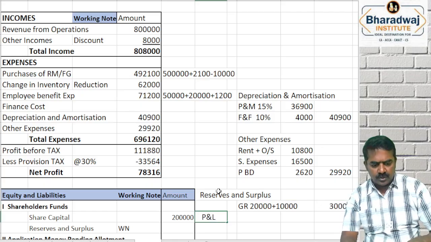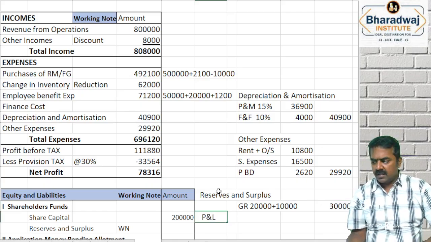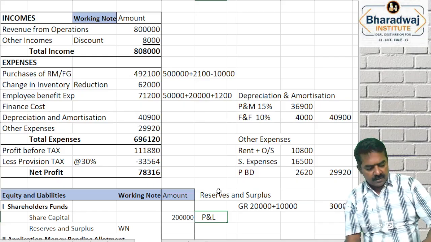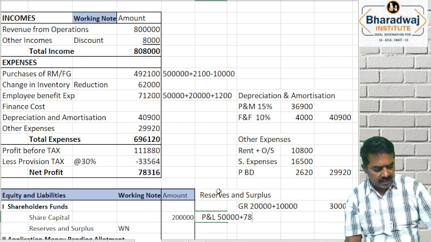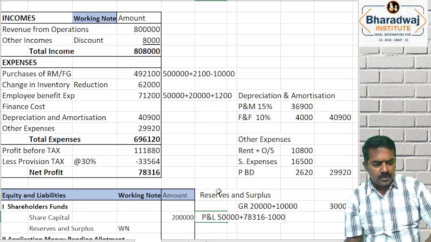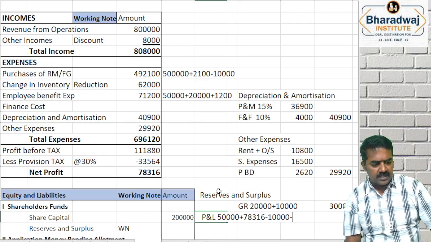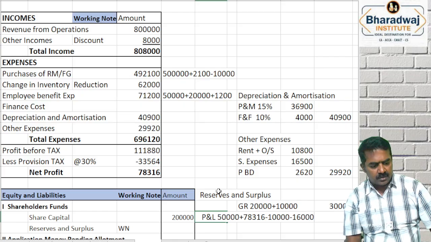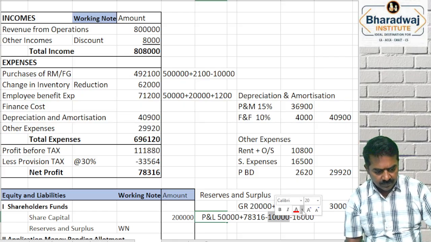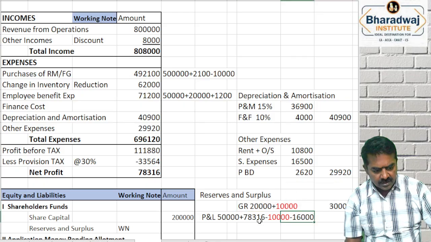Profit and loss account: how much is the opening balance given? 50,000 plus current year profit 78,316, minus the transfer to general reserve, minus interim dividend. How much interim dividend have we paid? In the trial balance they have given 16,000. This 10,000 is transferred to general reserve. We add here. This is the interim dividend given.